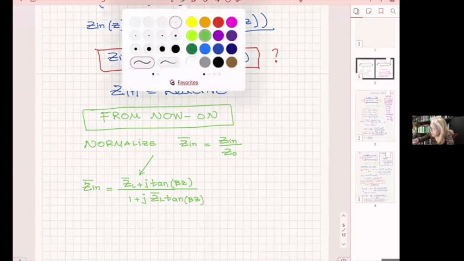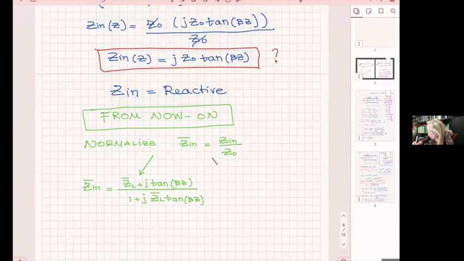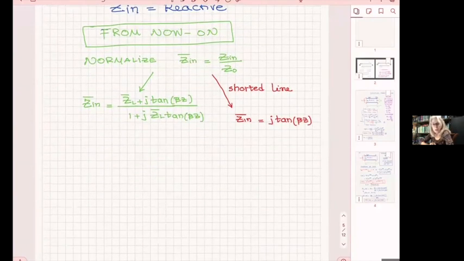And for the case of a shorted line, when the line is shorted, then your Z input normalized becomes J tangent beta Z. All right? So now let's see how that is going to change along the length of the line.